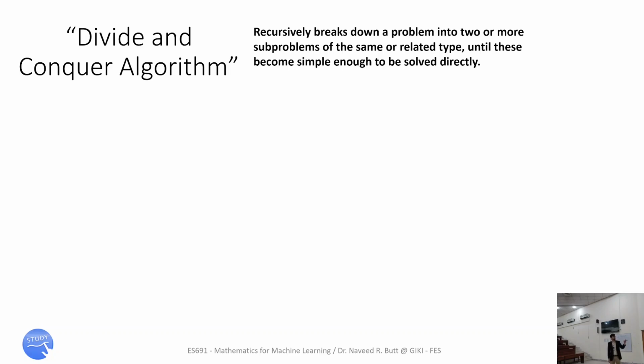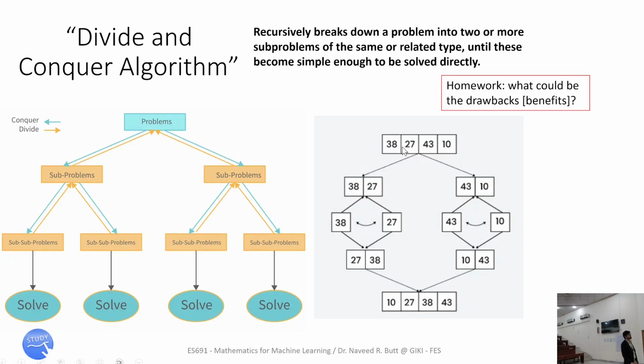It recursively breaks down a problem into two or more sub-problems of the same or related type, right? So what they do is break the problem into smaller problems until it is easy enough to solve. For example, if you have to sort these numbers, 32, 27, 43, 10, you can split them, break the problem down into smaller sets, and if you can break it even further, fine.